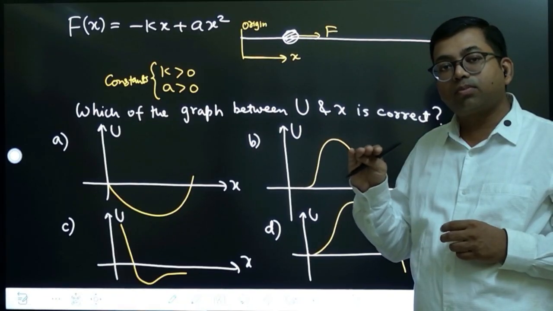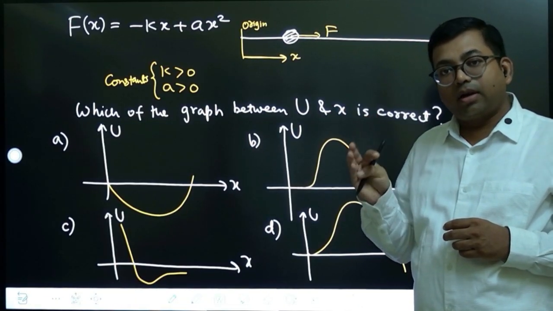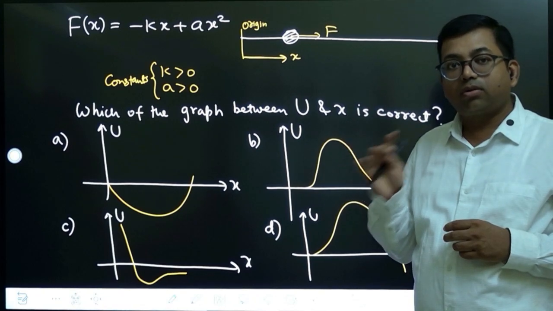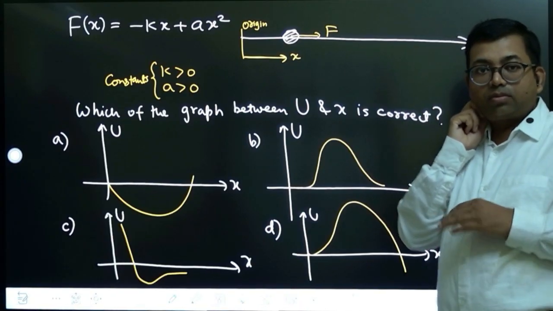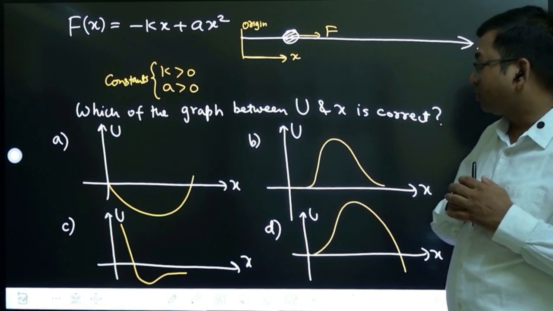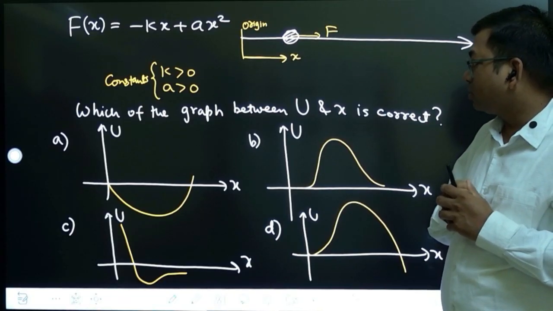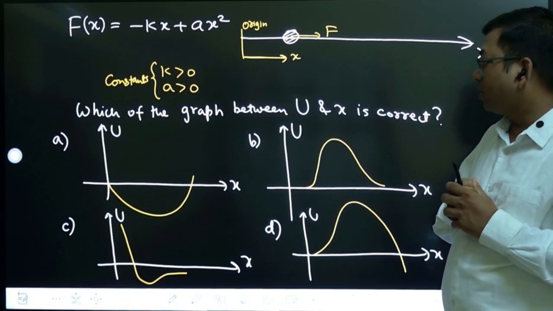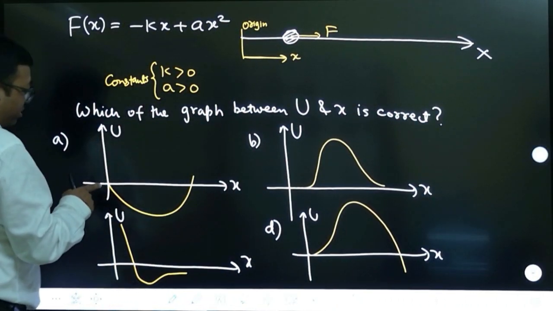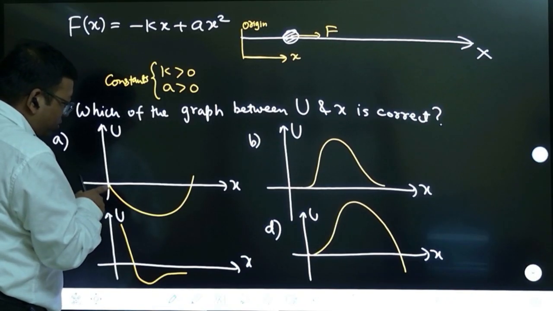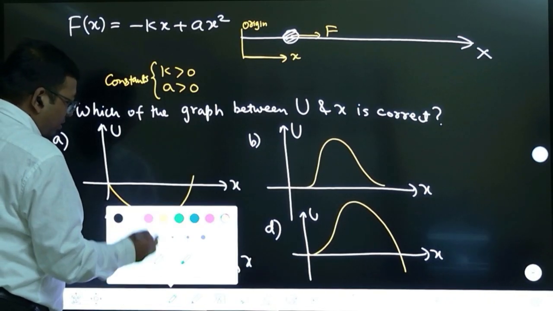Remember, constant slope can happen. Constant means the value should be constant. At 0 there should be a maximum or minimum. Here it is not a maximum or minimum, because the graph slope is not 0 here. So this can be rejected.